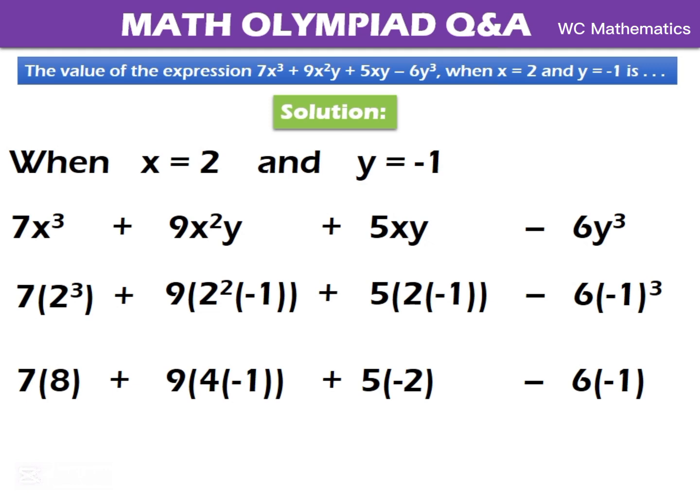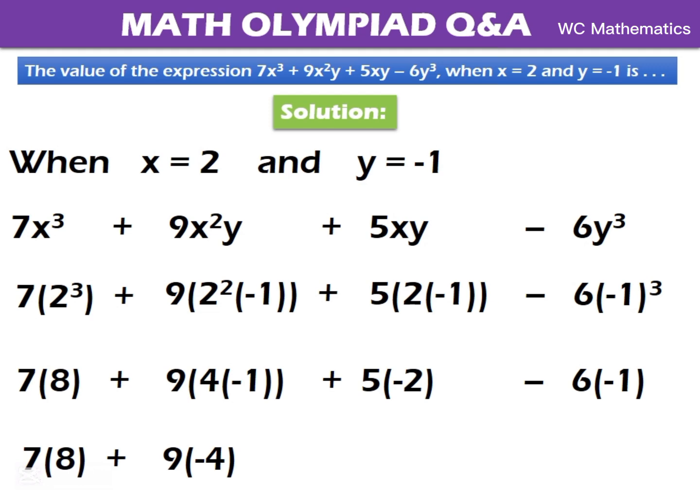So we can see that from the 4 groups of terms there, the second term is not properly evaluated. So we have to do that before we open up the bracket finally. So the first term remains the same, 7 into bracket 8, plus sign there. And then the next now becomes 9 into bracket minus 4. Why? Because 4 times minus 1 is minus 4.